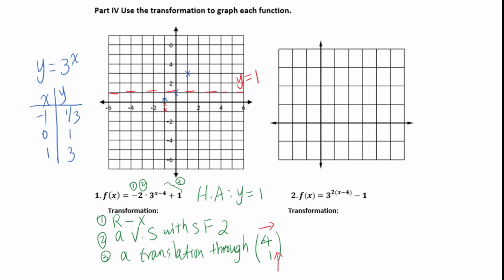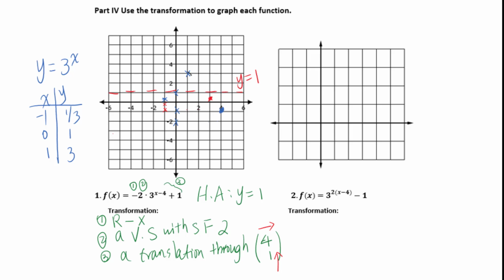Then move to the right 4 units, 1, 2, 3, 4. Go up 1. It's here. Let's go to this point. Reflect across the x-axis. Then the distance from the x-axis times 2. Go here. Move to the right 4, 1, 2, 3, 4. Go up 1.